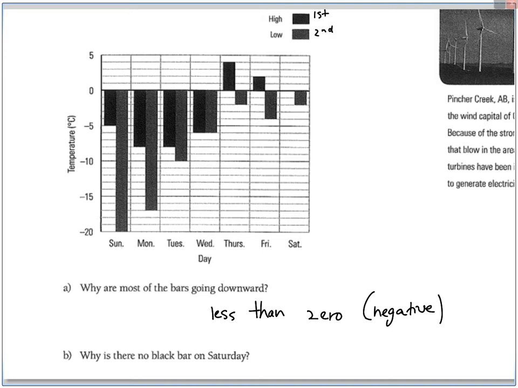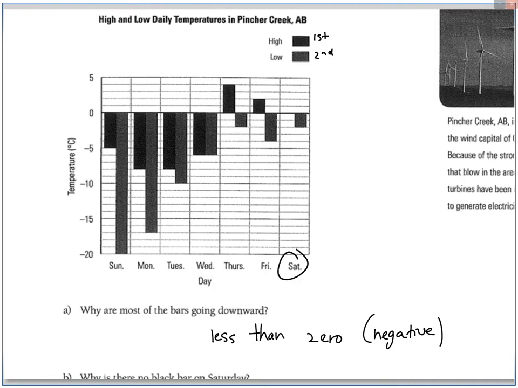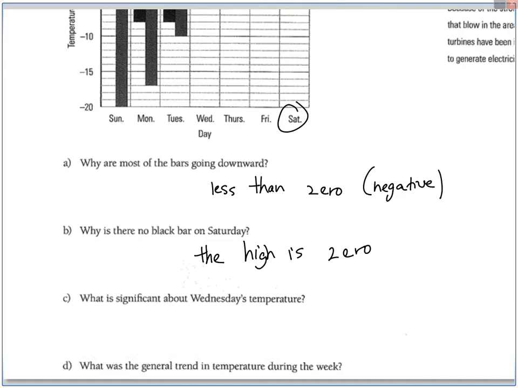Which one's black? The high? So on Saturday, good, Jaden, the high was 0. So it's right on the axis. So the bar doesn't go up, the bar doesn't go down. It's right on the reference point, if you will.